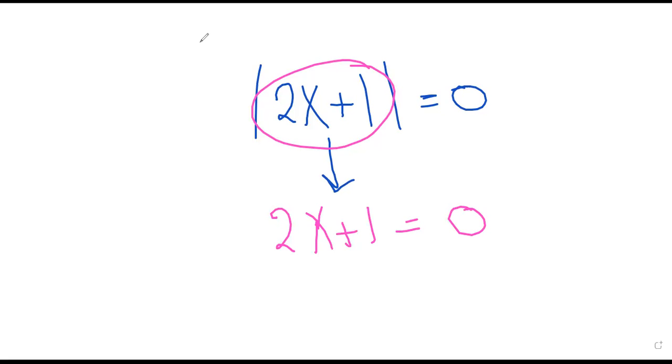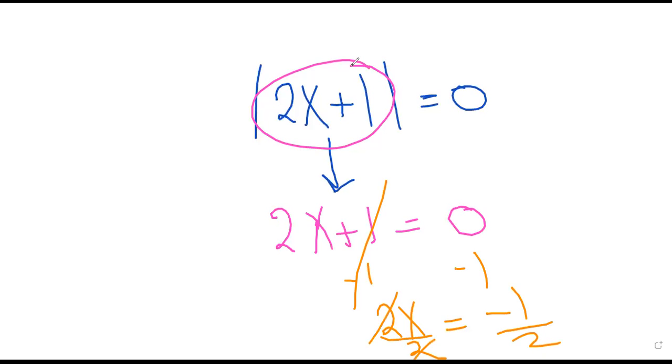So we have only one solution in this case. To solve this equation, I will subtract 1 from both sides, and then we are left with 2x equal to minus 1. Divide both sides by 2 to isolate x, so x is equal to minus 0.5.